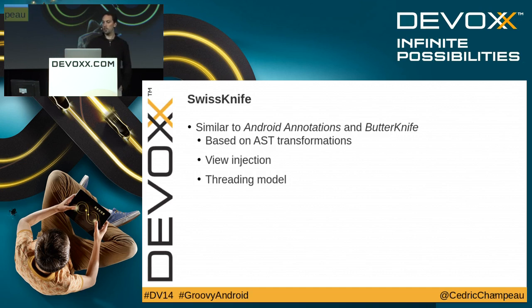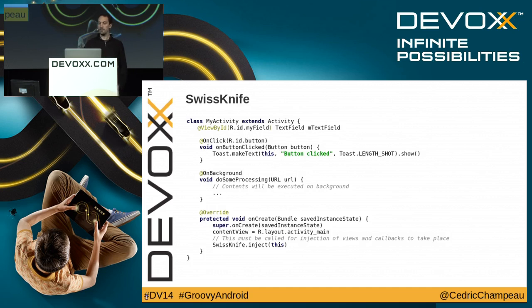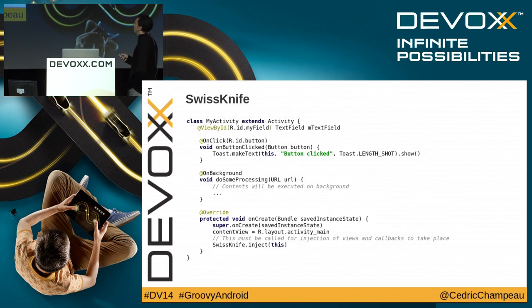What it will provide you is this kind of code. You can annotate, for example, a field with view by ID, giving the ID, and saying that it's a text field. All the injection is done for you.